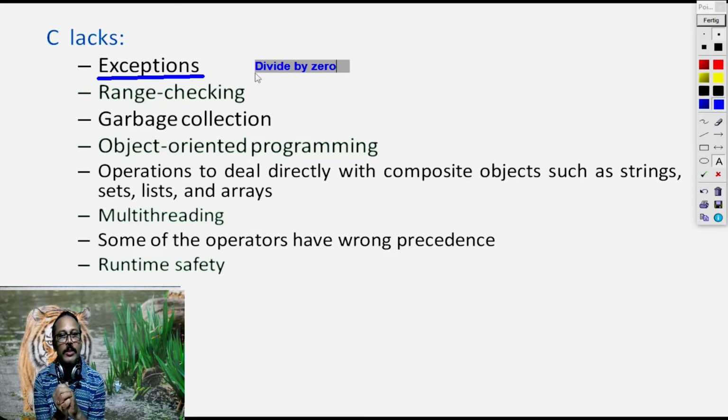So C doesn't have any features which allow us to manipulate them as a unit, like an entire string. Say my name is Chenna. Now I want to add Reddy to it just by using the plus symbol, Chenna plus Reddy, Chenna Reddy. But C doesn't have any such features. And it doesn't support multi-threading.